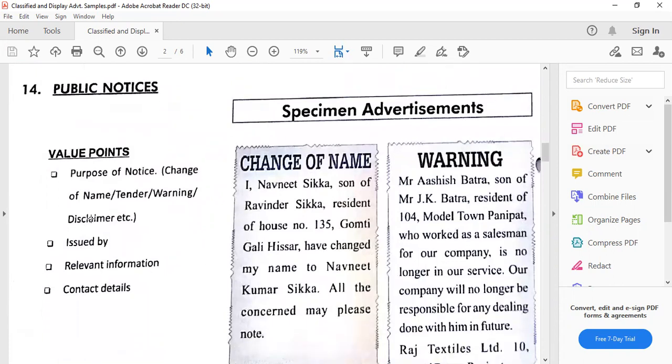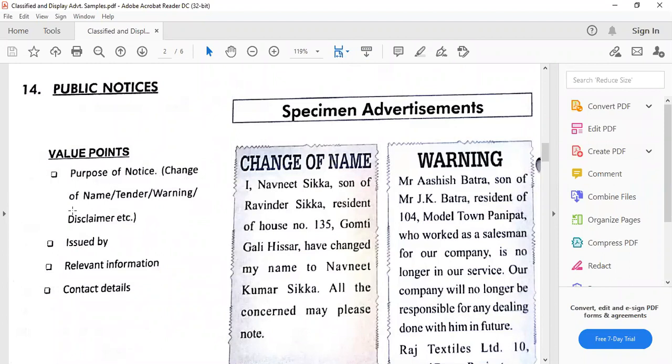Public notice in which you want to give some information about yourself, you want to give warning to anyone on behalf of your company, or any legal notice that is given on behalf of some court or some authority. What points should be kept in mind? Purpose of the notice.